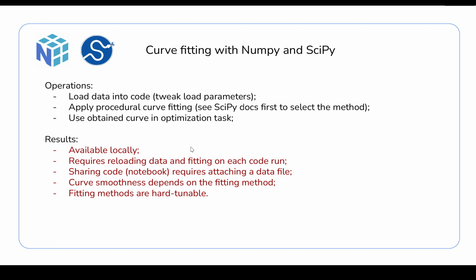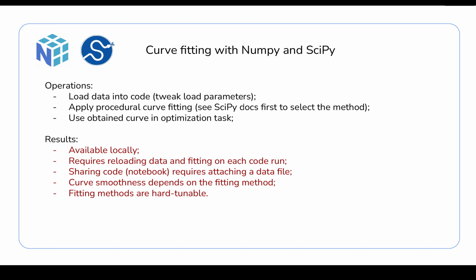So basically, we always need the data file to be allocated with our code. So if we want to share our notebook or maybe our code with somebody, we have to be aware that we also have to share the data file, and it has to be in the same folder, or maybe just a path should be tweaked for data to be loaded.